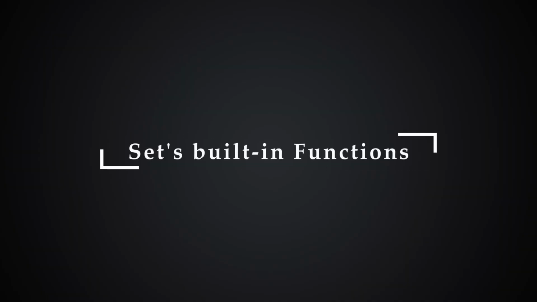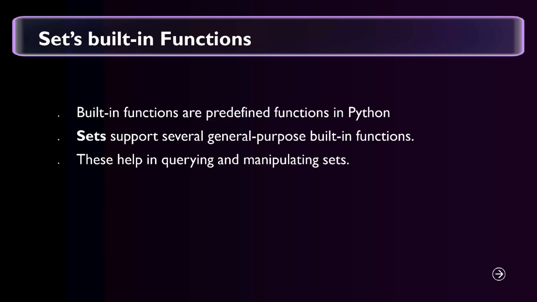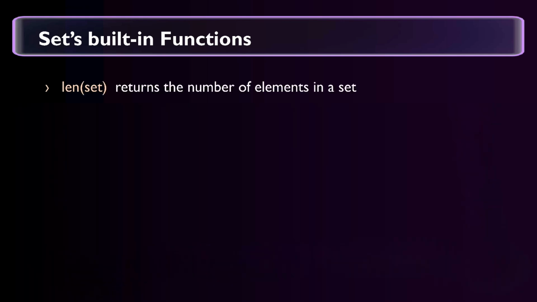Let us discuss some built-in functions in Python sets. Built-in functions are Python's ready-to-use tools for performing common tasks. When working with sets, these functions help us to inspect and manipulate set data efficiently. Here in this slide, various built-in set functions are shown. The len function returns the total number of elements present in a set.